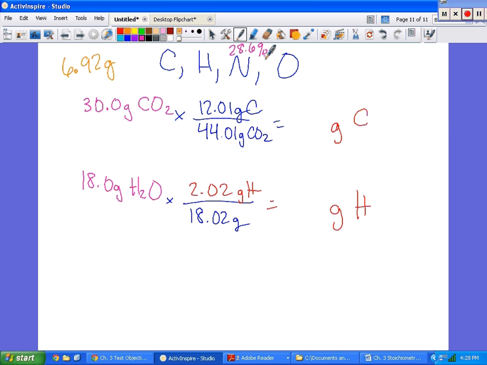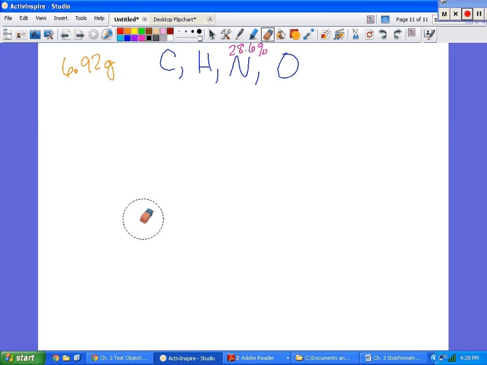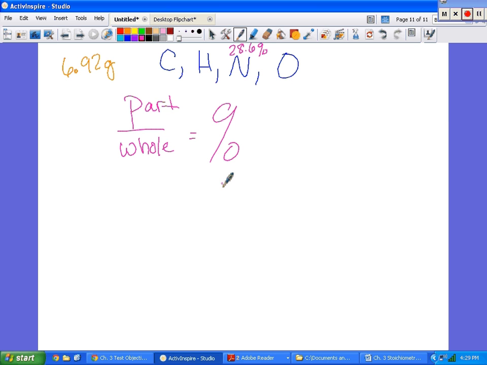Be very mindful of this. What do we know that a basic definition of percentage is? Let's think for just a second. We know that part over whole is equal to the percentage. You agree? How much is the whole according to your data? 6.92. What other piece of data do we have? 28.6%.